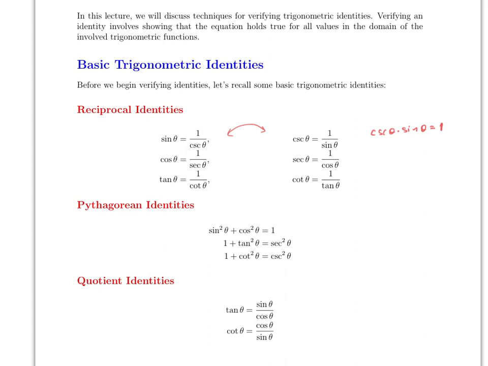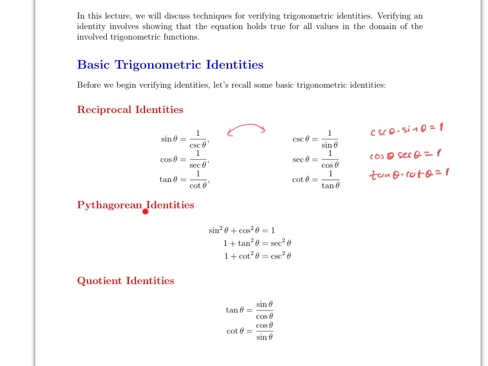The same applies to this. Cosine theta times secant theta is 1. And obviously tangent theta times cotangent theta is equal to 1. So we will be using these identities. I mean, it could be this, this, or this.